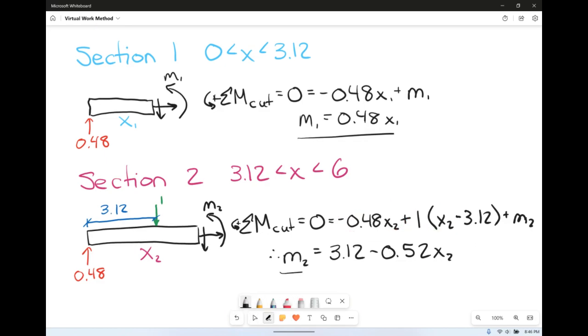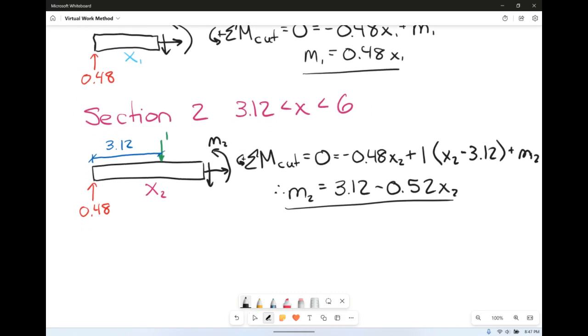So we have our m1 and our m2 equation. So now we want to find deflection.